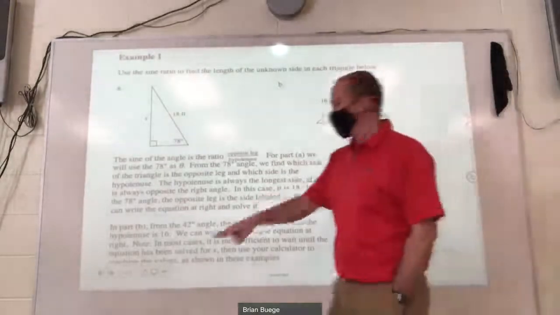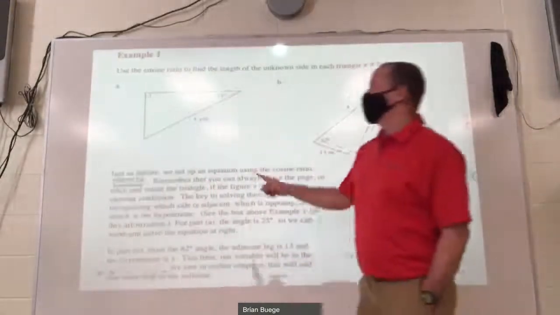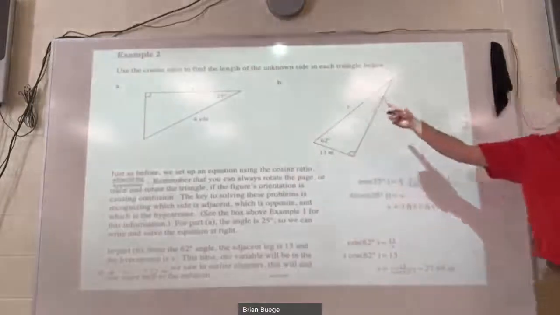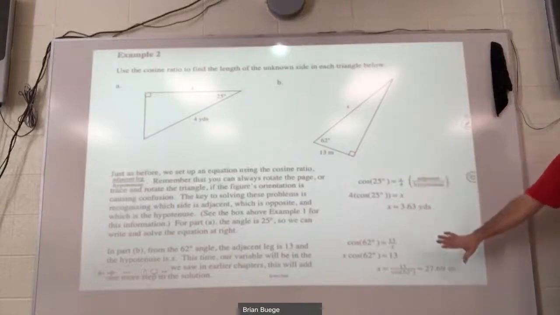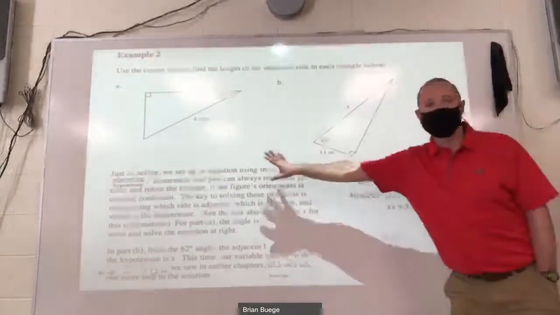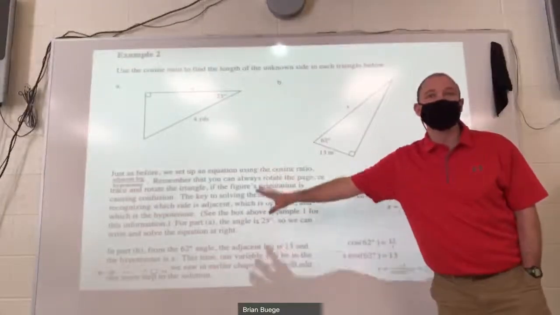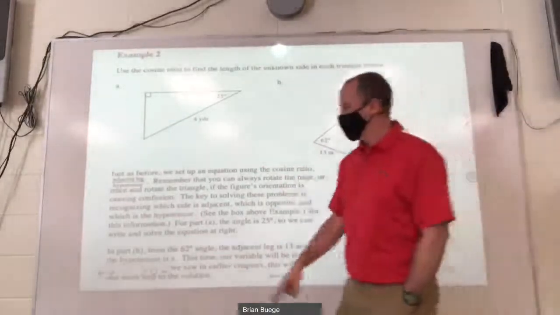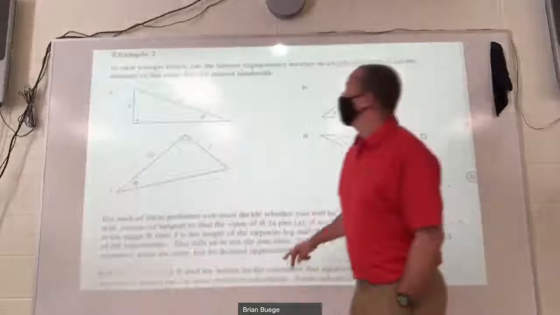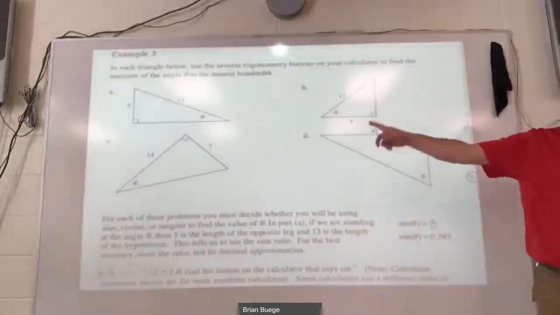If you go to the next page, same idea, except now they give you a couple of cosine problems. Once again, here's the actual work, and over here they're walking you through what they're doing and why. If we go to the next page, now this is a whole page on inverse trig.